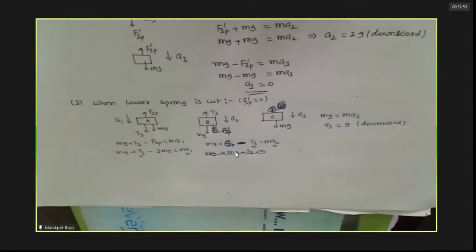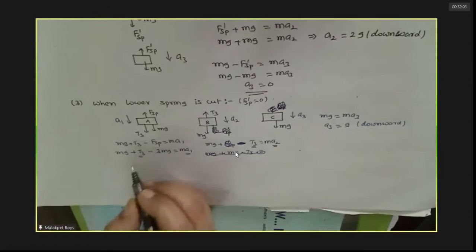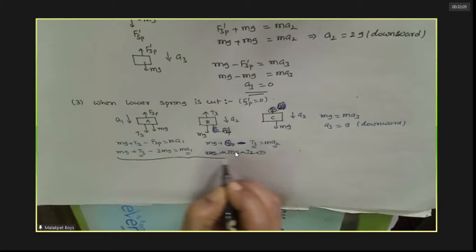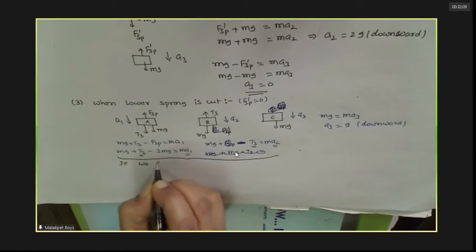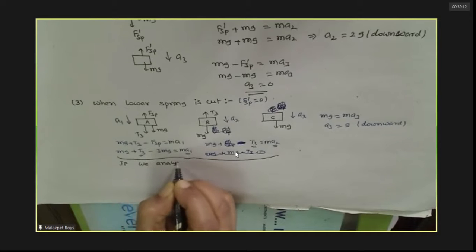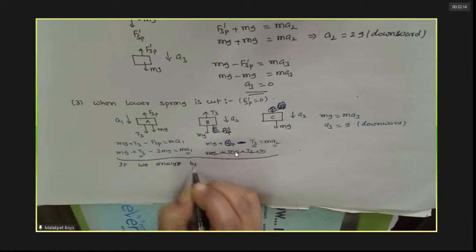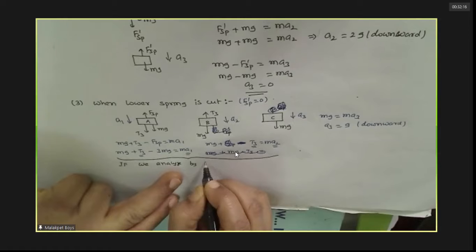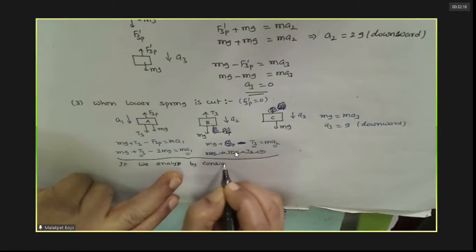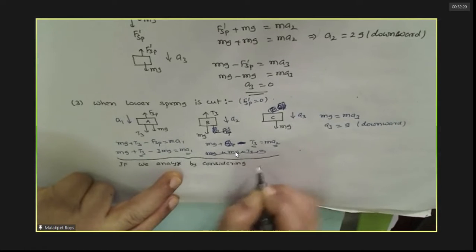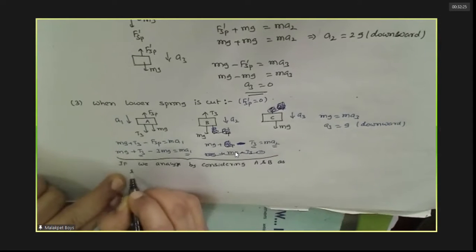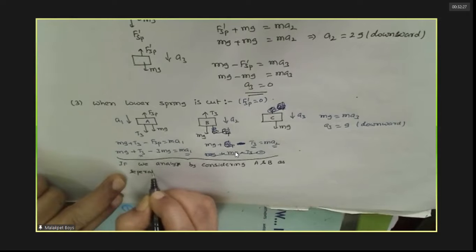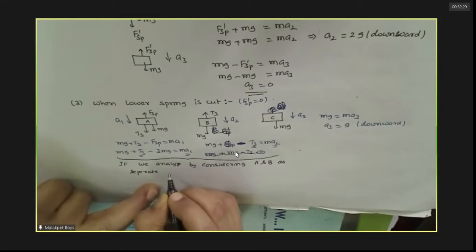Now you can see this. Now if you take this separately and analyze this, observe this. If we analyze by considering A and B as separate, what is happening?